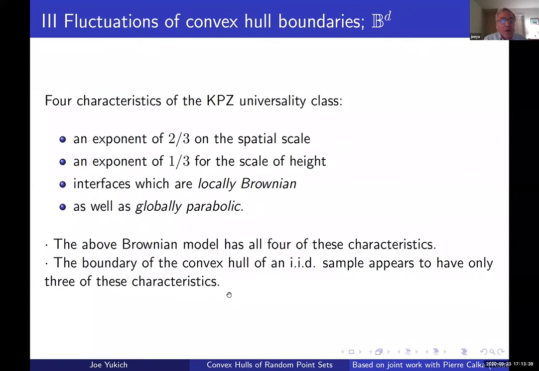So this Brownian model that I just described has these characteristics. And the boundary of the convex hull of an IID sample appears to have only 3 of these characteristics, namely these first 2, and the last and the 4th one. The parabolic constraint for the boundary of the convex hull of an IID sample comes about because we're constrained by the sphere holding the points.